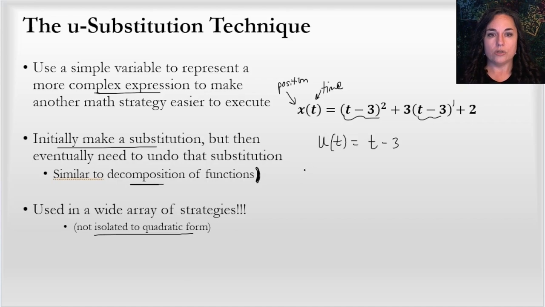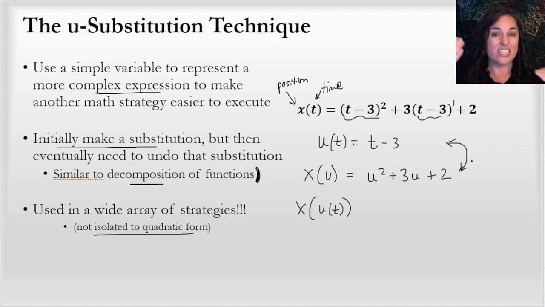Then if I rewrite this in terms of u, the position in terms of u is going to be u squared plus 3u plus 2. So x is a function of u, which is ultimately a function of t. Do you see how I could decompose that original function into two constituent functions? A larger one which contains that smaller one.